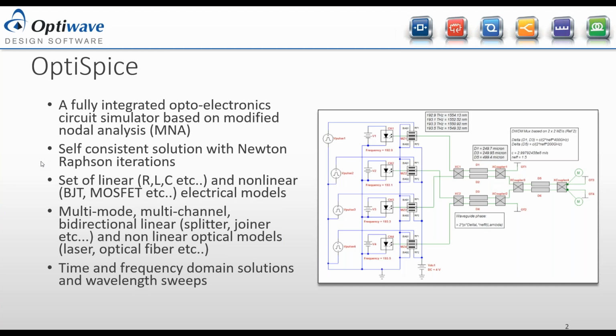So on top of basic electrical components like resistors, capacitors, inductors, and nonlinear electrical components like transistors and MOSFETs, we have optical splitters and joiners as linear optical components, and we have a laser, waveguides, and photodiodes for modeling the nonlinear part of the optical circuit.